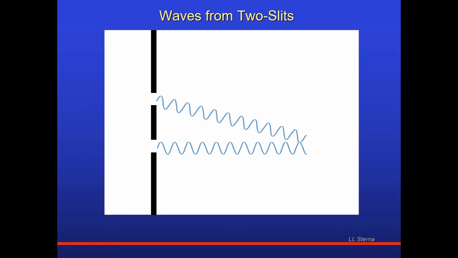So this is not quite drawing a ray from each one, but we'll get to the ray, but we're taking it like these spreading semicircles, just the portions that come together at a particular point. So the waves are emanating from those two openings. Notice when they leave the two openings, the crests are lined up. We're saying they start in synchronization.